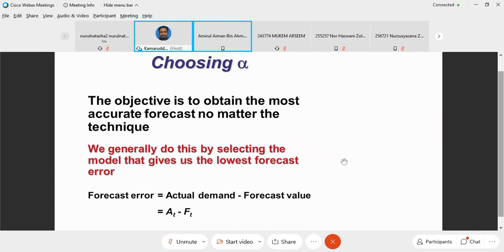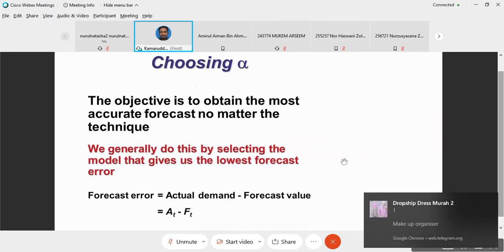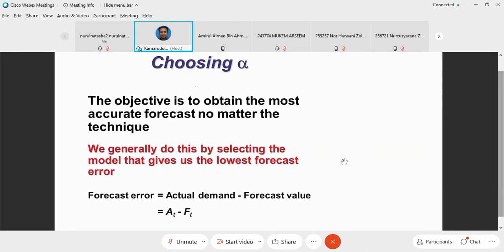Choosing an alpha value, the objective is to obtain the most accurate forecast no matter the technique. We generally do this by selecting the model that gives us the lowest forecast error. Forecast error equals actual demand minus forecast value, to get the deviation.